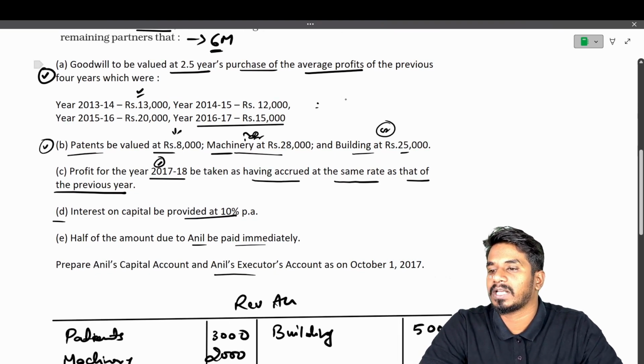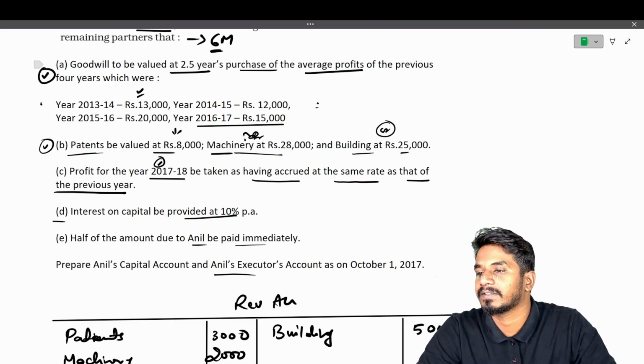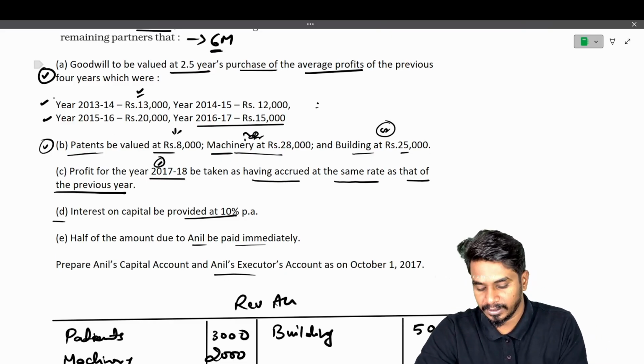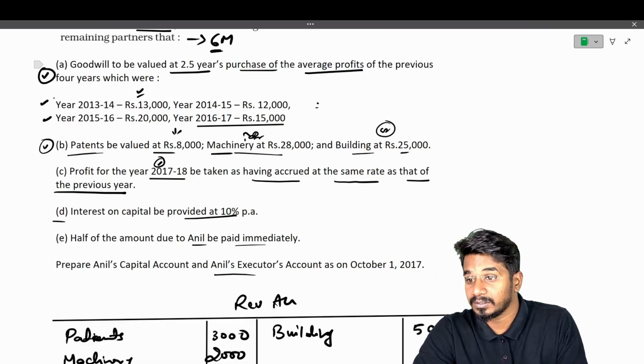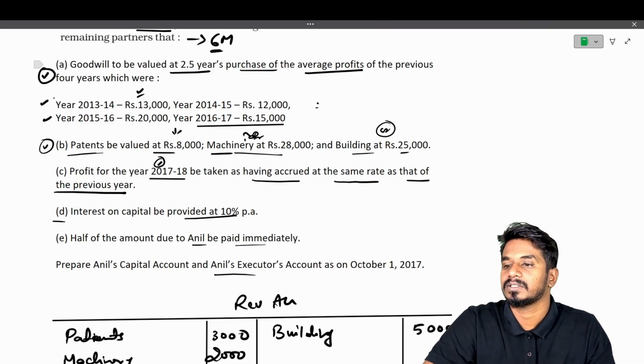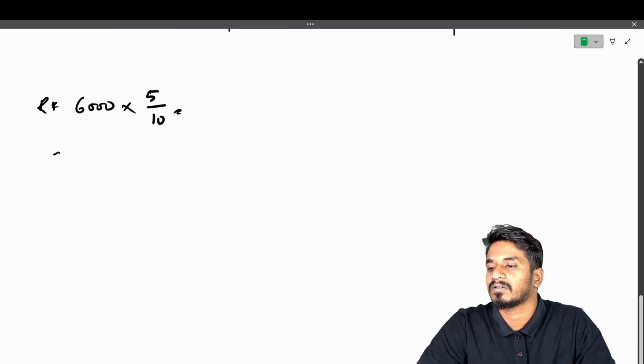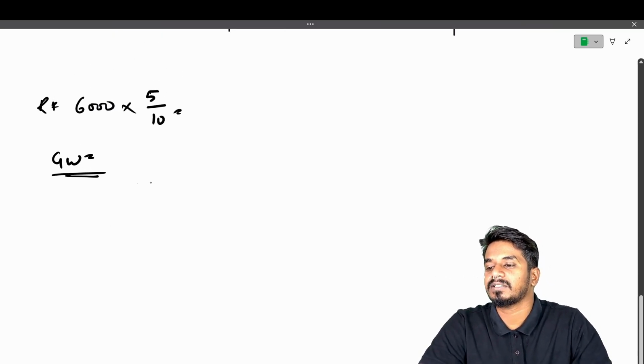So total the 4 years of profit. Here it is given 13,000, 12,000, 20,000, and 15,000. So the total is 60,000. Let us write it here. Goodwill calculation.